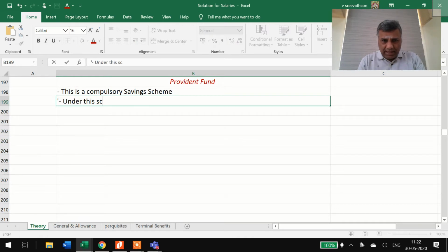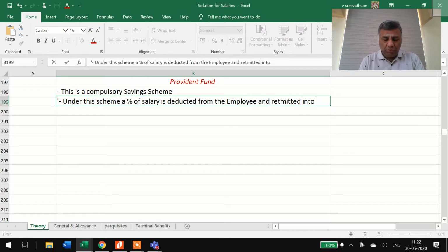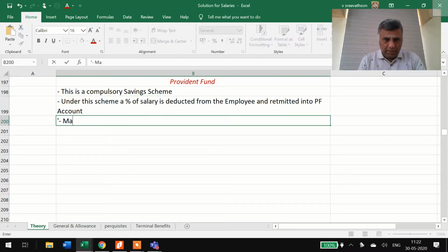Under this scheme, a percentage of salary is deducted from the employee and remitted into PF account. Matching contribution is made by employer.